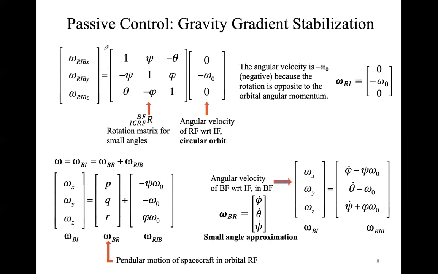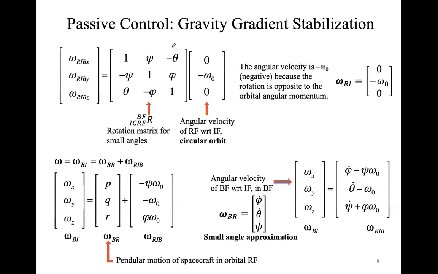So we are assuming that the rotation between the two can be done by a rotation matrix that is only dependent on the angles. So this is the rotation matrix for small angles.